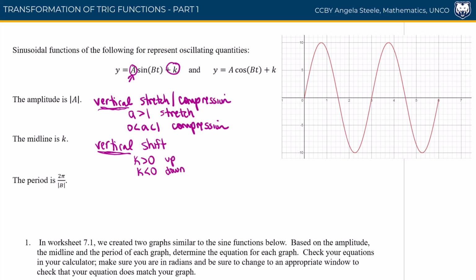Okay, now let's talk about the b value. The b value gives us the horizontal stretch and compression. If we took our wheel and moved it faster or slower, that would change how long it takes to complete one full revolution. So the b value is our horizontal stretch and compression.